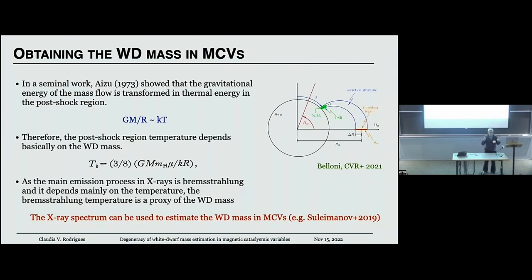You have mass transformed into temperature, and if you have a way to measure the temperature, you have a way to determine the mass of the object. As the X-ray emission comes from bremsstrahlung, the main parameter is temperature. You have the X-ray spectrum, you measure the temperature, and you have the mass of the white dwarf. And this is done a lot in the literature. This is just one reference, but there are many.